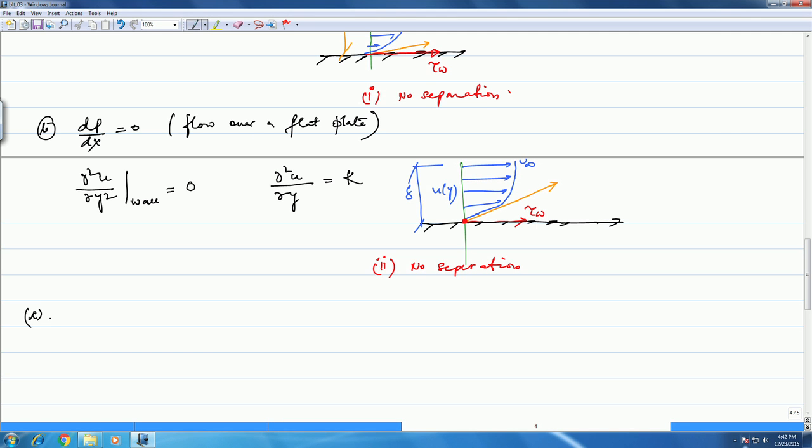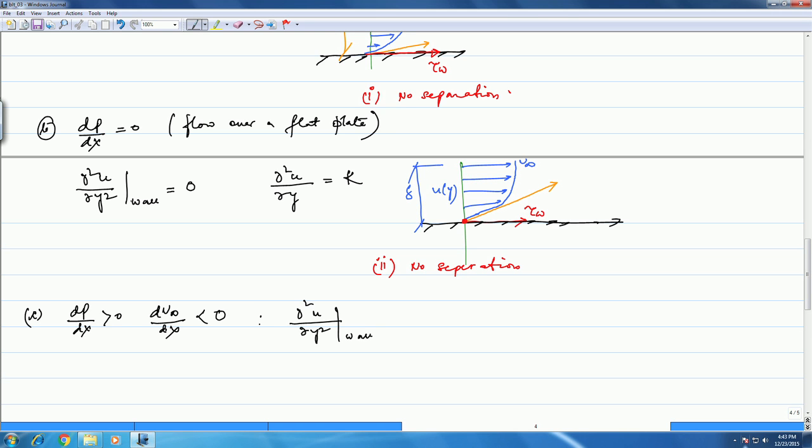So in this case, we're looking at adverse pressure gradient where dp dx is positive, and u infinity. So it is basically a retarded, retarding flow.